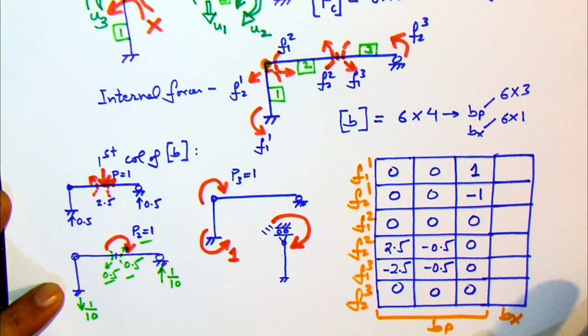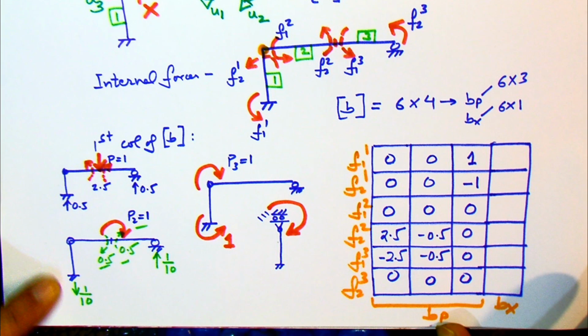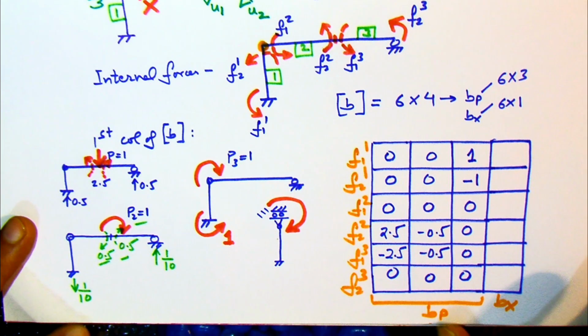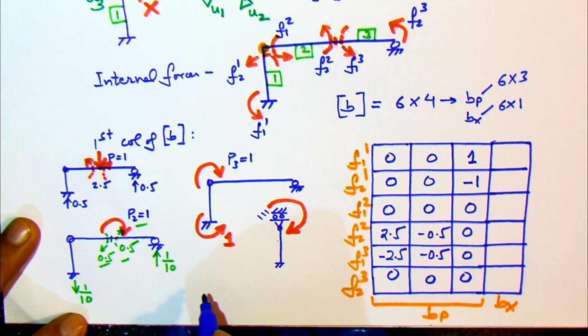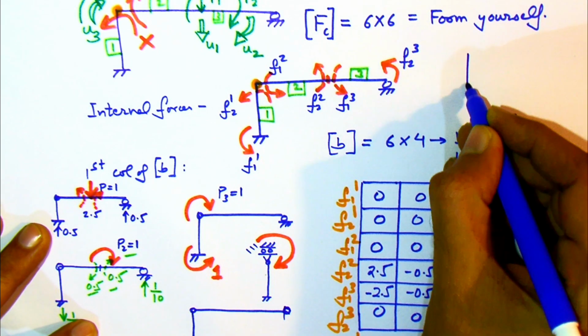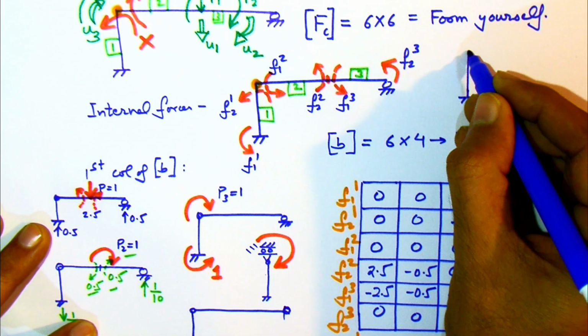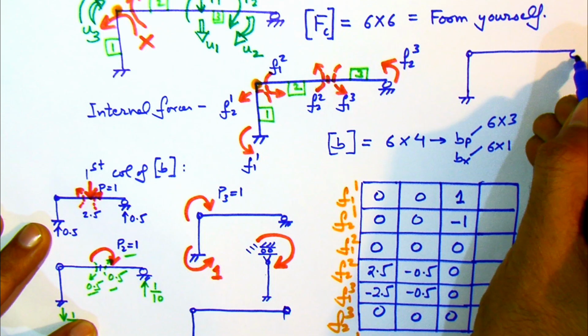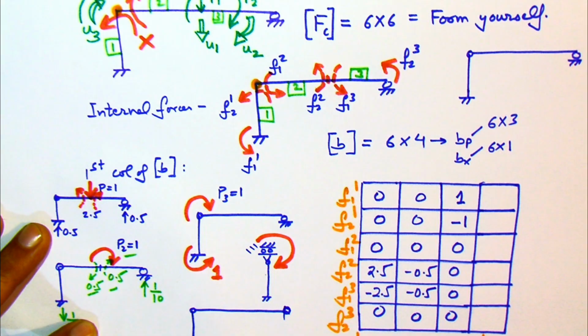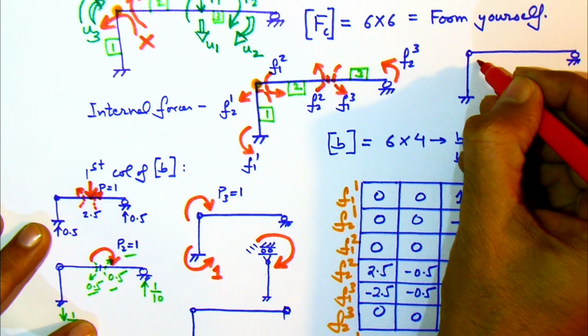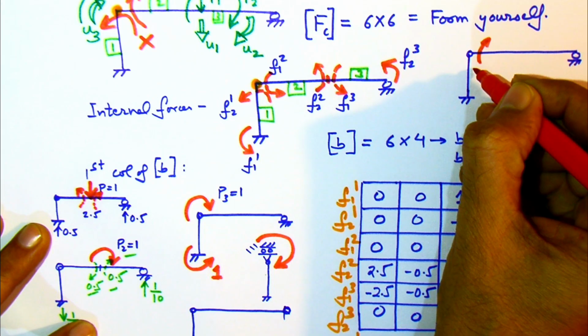So the only moment will be in the column. The beam will not carry any moment because now it acts like a 2-hinge member or a link element. Then finally we have to apply x equal to 1.